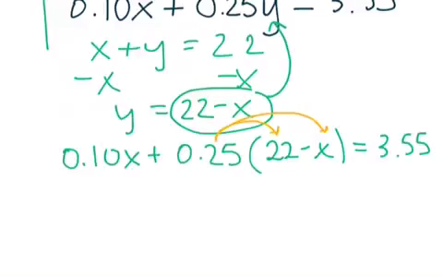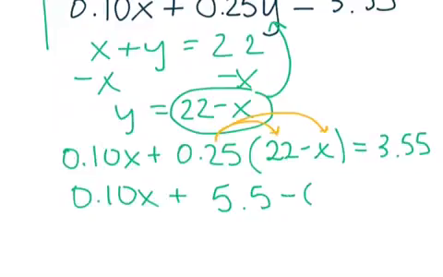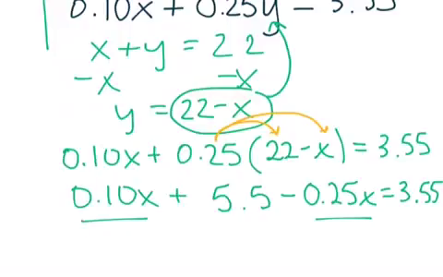Okay, so I didn't do anything with the 0.10x. 0.25 times 22 is 5.5. 0.25 times a negative 1x gives me a negative 0.25x, and I haven't done anything with the 3.55. So I see I have a 0.10x and a negative 0.25x that I can combine.